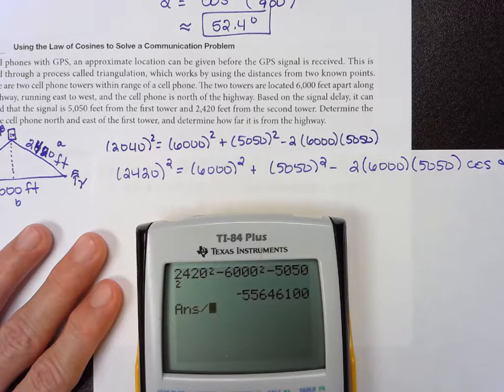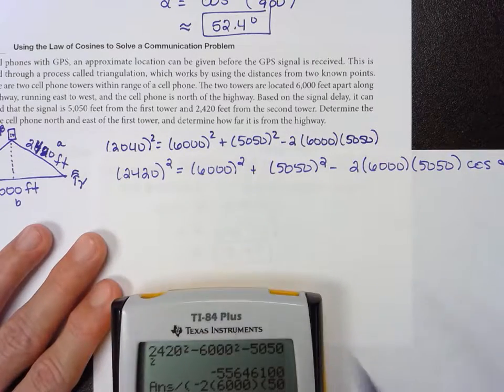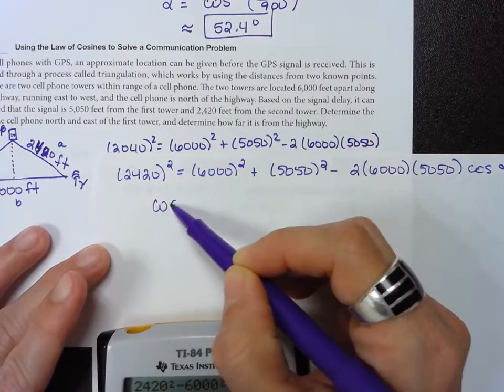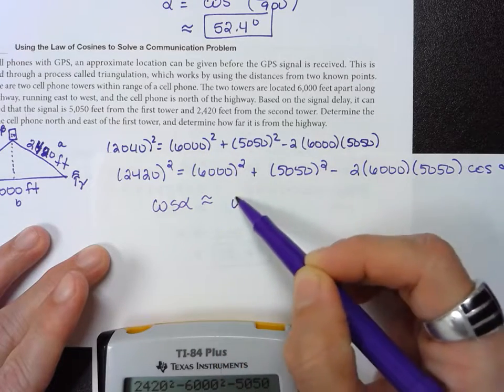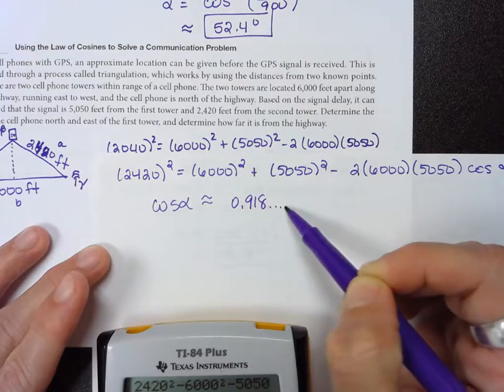So I'm going to divide by -2 times 6,000 times 5,050. Close the number, close the denominator, and I get this number, 0.918. So cosine alpha is approximately 0.918 something.